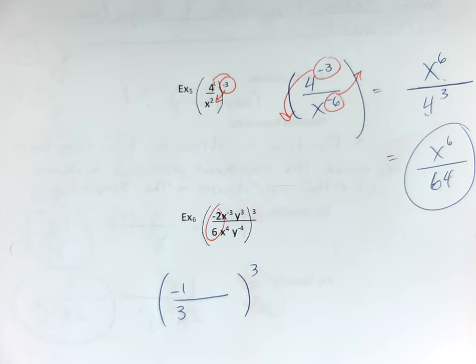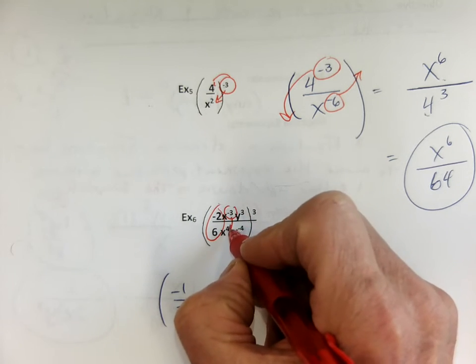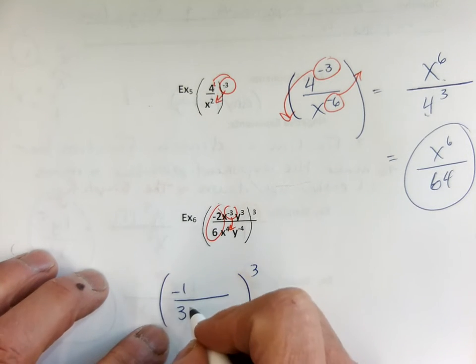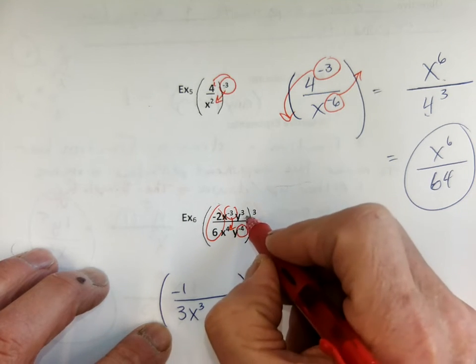Now, the next thing I'm going to do is move some terms. x to the negative 3 comes down, y to the negative 4 comes up.